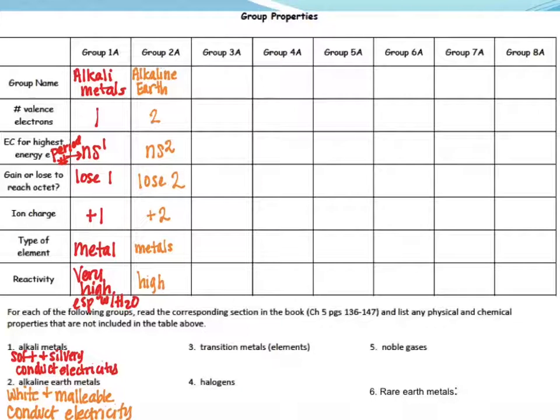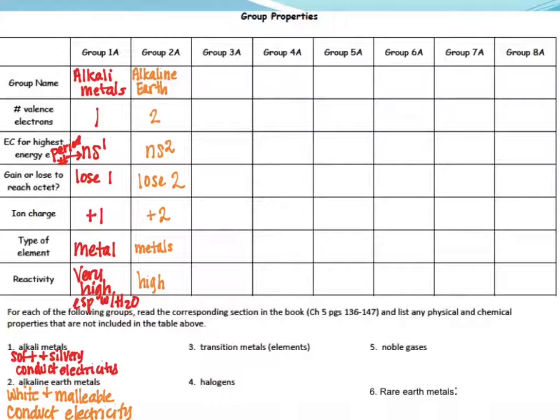Group 3A. Oh, wait. The transition metals are not part of the A group, so they don't have this group property here. But what we really want to know about the transition metals is the following.